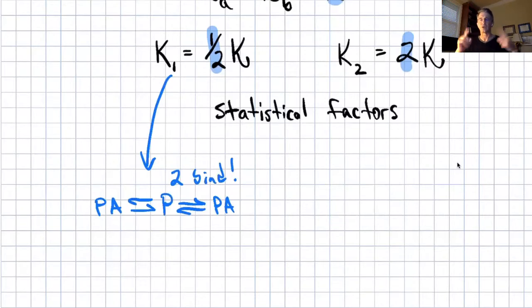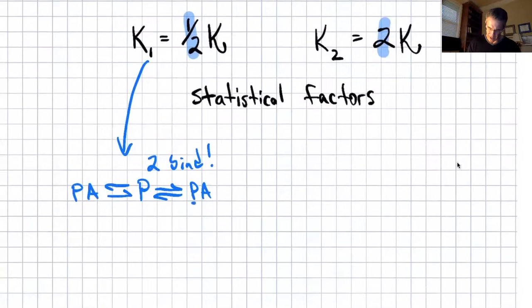You've got 2 sites. So you can think of the concentration of available sites as, say, 2. But if you think about the ways that you could reform from this PA state, the free state, there's only one way to dissociate. Because whether it's P on the A side or P on the B side, a single dissociation event regenerates the completely unliganded form.